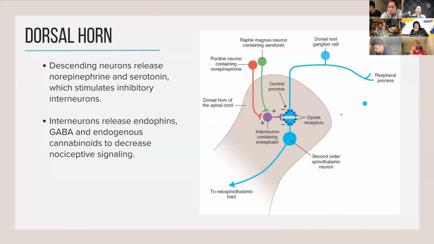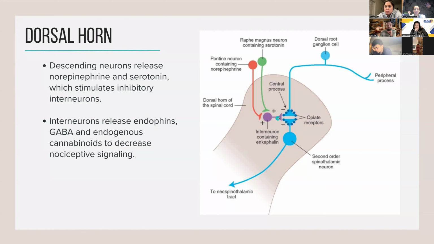Now, I said we're going to zoom in on what's happening in the spinal cord. And like I said, there are neurons that come back down from the brain all the way down to the spinal cord, and they're supposed to be decreasing pain signals going to the brain to keep it from being so intense. The way it does this is it sends signals down to turn on an interneuron here, this purple one.